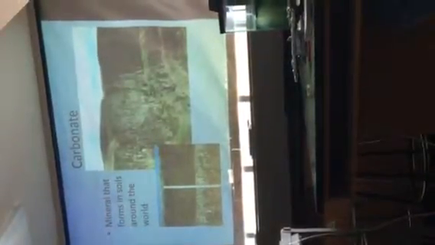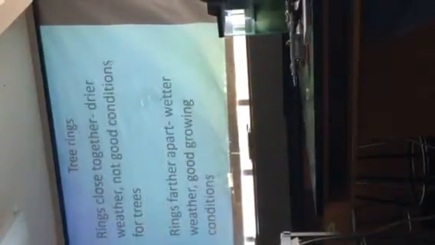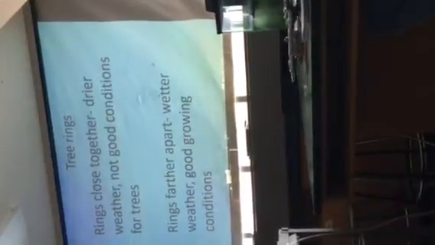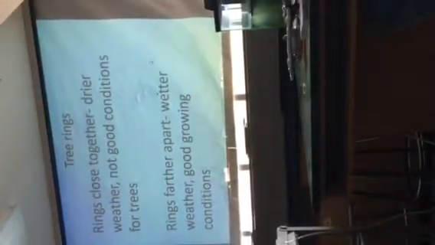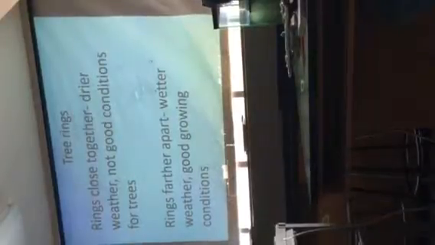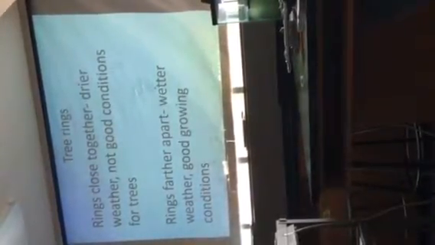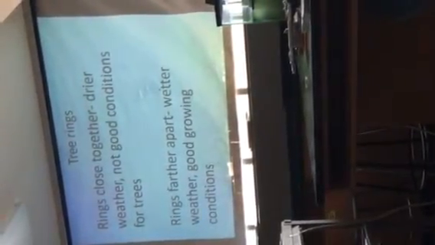Back on the slide. Tree rings. One that says rings close together. Yellow. Rings close together, which is thin rings, are drier weather. And rings farther apart, thick rings, are wetter. Does that logically make sense to you? A tree gets more water, it grows fatter.